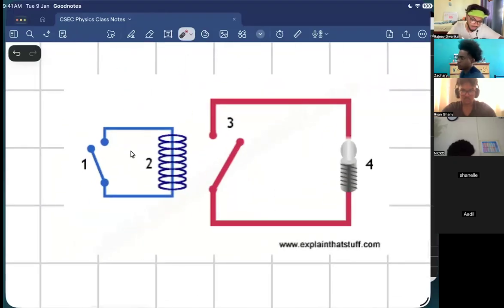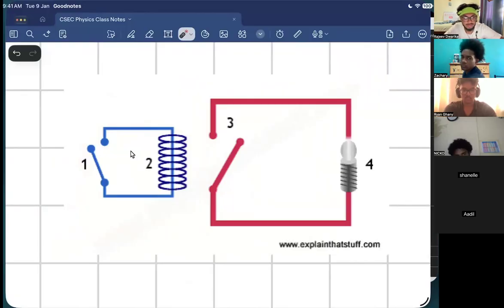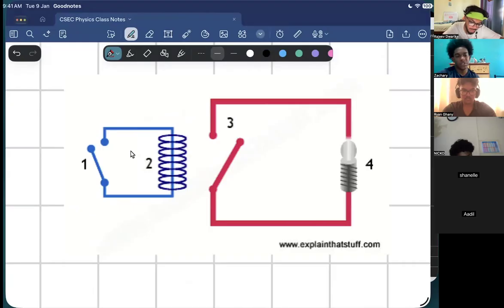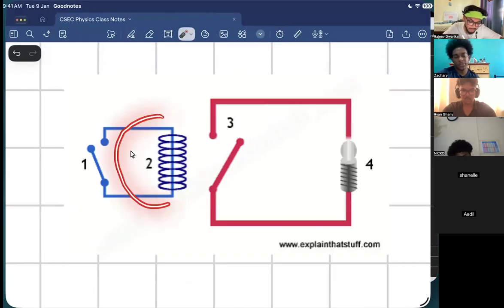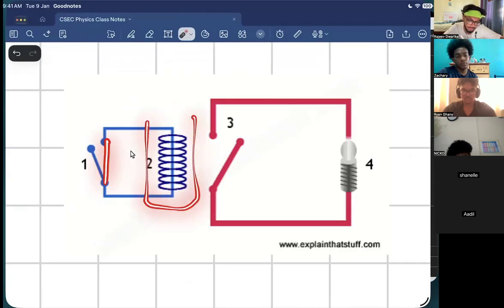Do you guys understand that this is a circuit here? And can you all see that you have a coil in the circuit? Yes, sir. And a switch. Let me just say it had current flowing through this coil. So when I close the switch, current is gonna flow through the coil. If current flows through the coil, what's gonna happen? What's this gonna create?